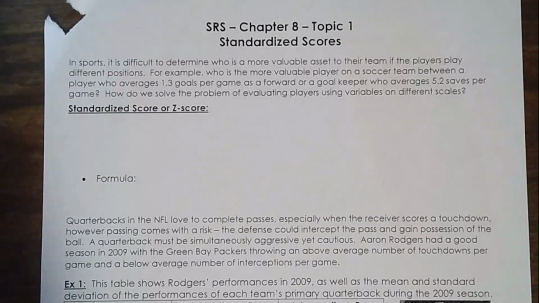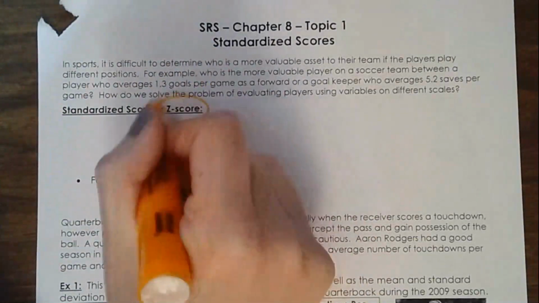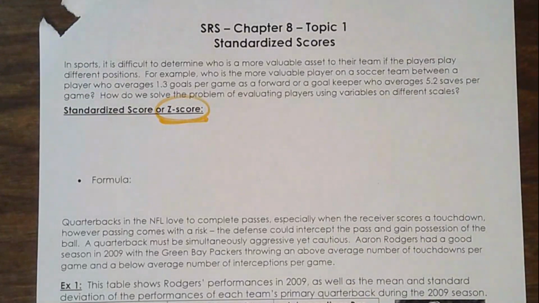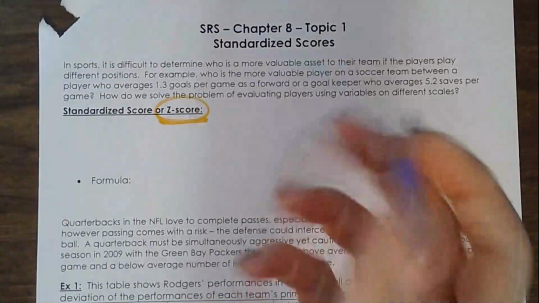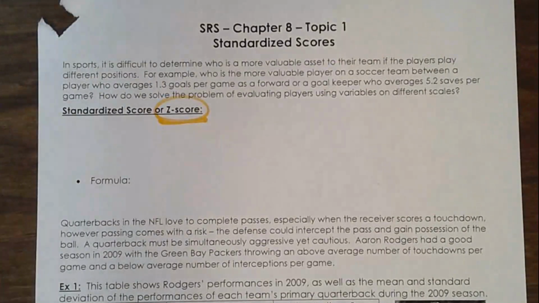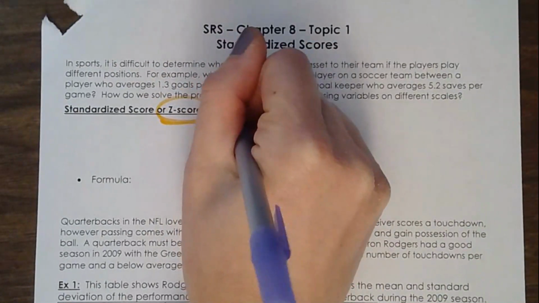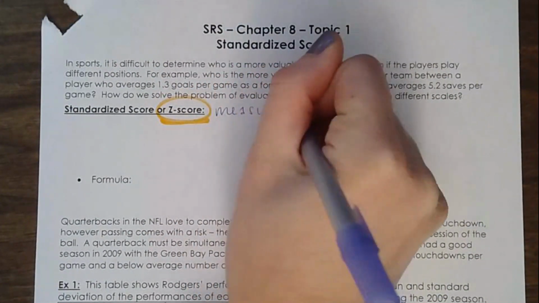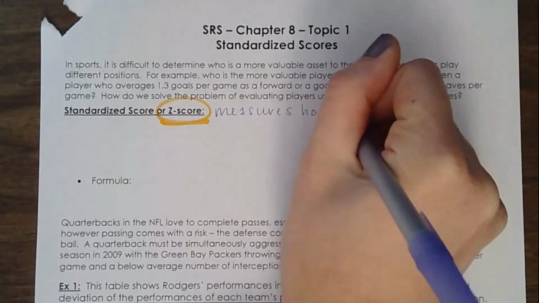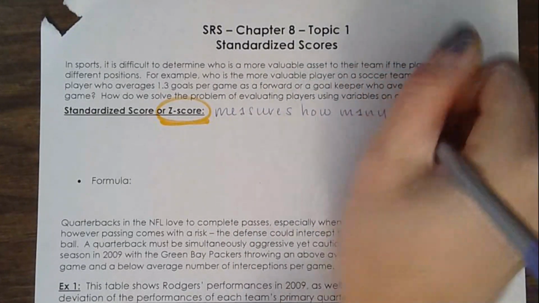A standardized score, or more commonly known as a z-score, measures how many standard deviations a performance is above or below the mean.